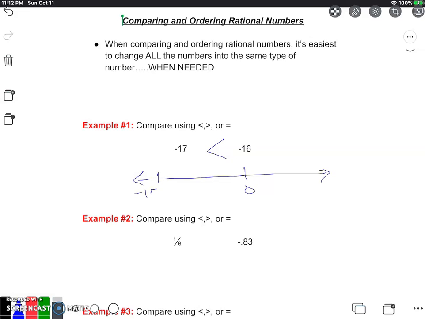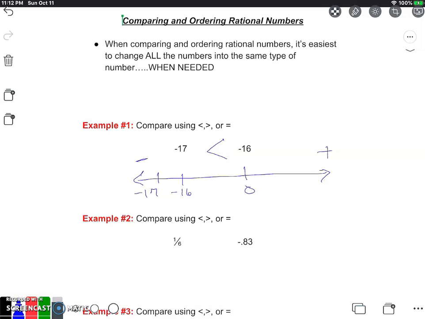It would be negative 17 and then negative 16, and in between 0 and negative 16 will be every other number that falls in there. But remember, on the left side of the number line, the closer your number is to 0, the bigger it is. I like to write a plus and a minus over here, so you know that when you go to the left, you're getting smaller, and when you go to the right, you are getting bigger. Let's look at the next one.